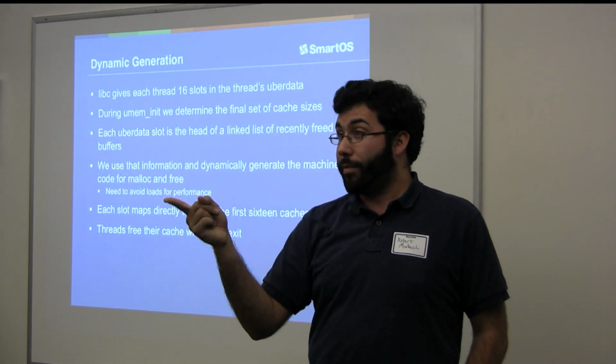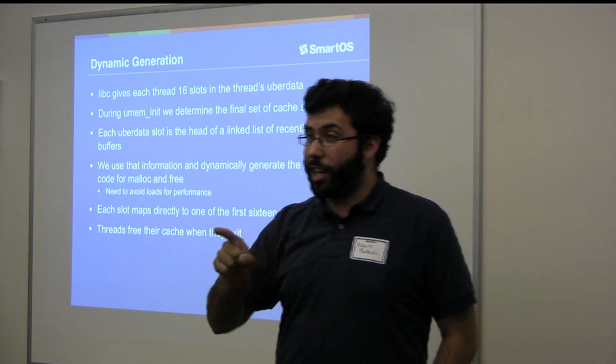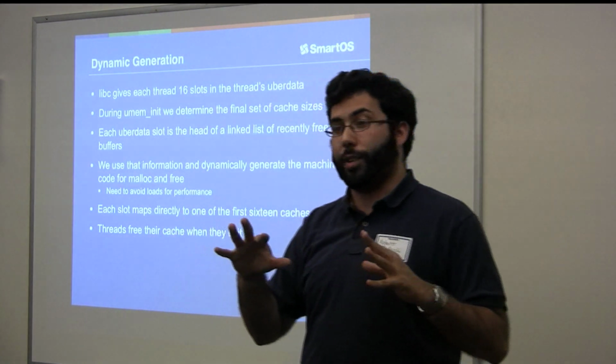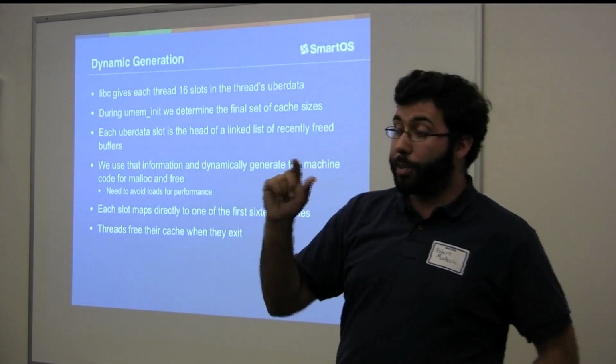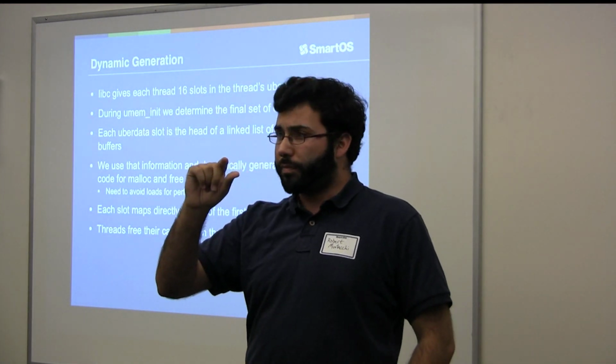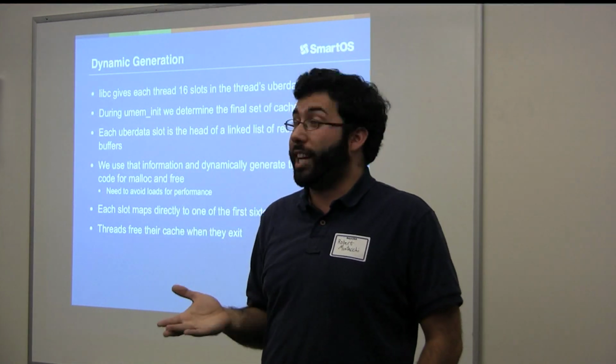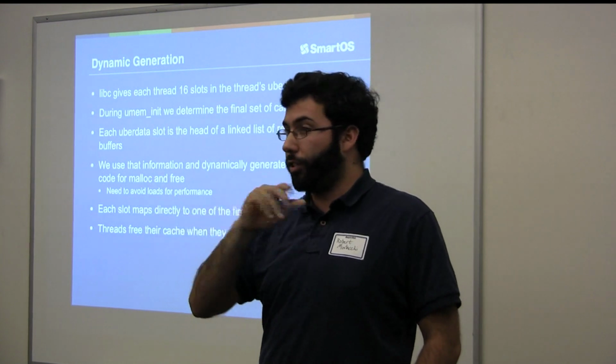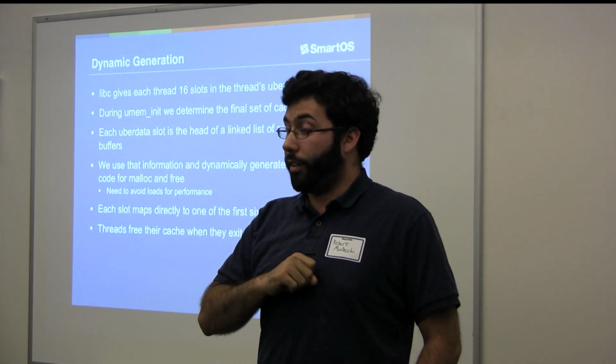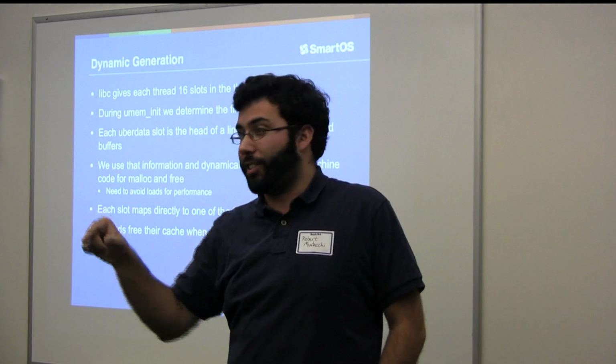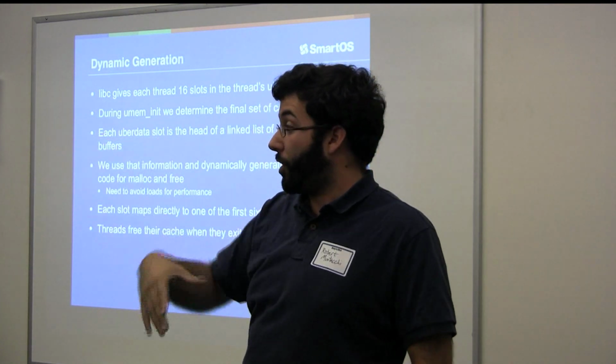If it is, it just grabs it and runs. It doesn't have to talk to anyone else or worry about synchronizing with anyone else. On the flip side, when it comes to free, it asks, how much data have I stored? If I haven't crossed a certain threshold, great, I'll just store it there. Each of these slots is a simple linked list, and you just toss stuff on there and go.